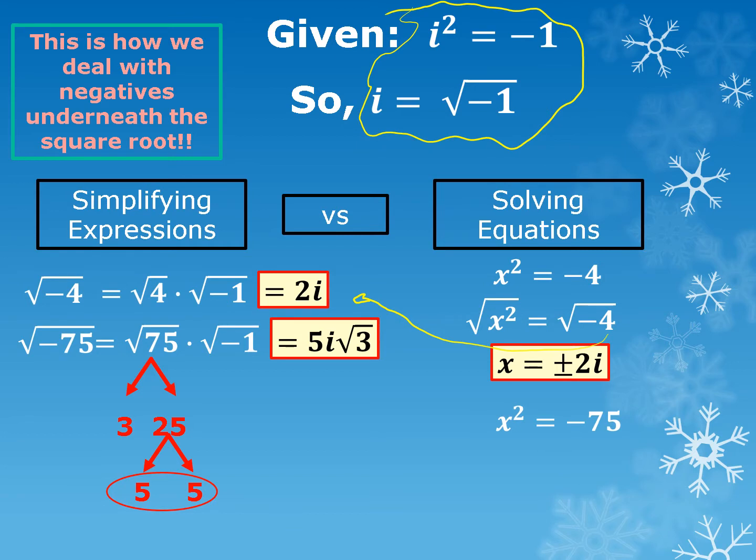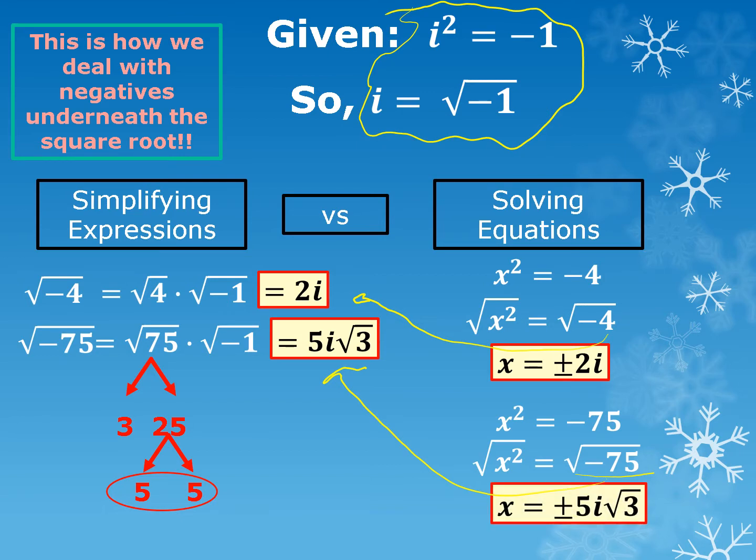If I had x squared equals -75, well, I would take the square root of both sides. Now, because I know that the square root of -75 is already 5i square root of 3, then I can just say x equals plus or minus 5i square root of 3.